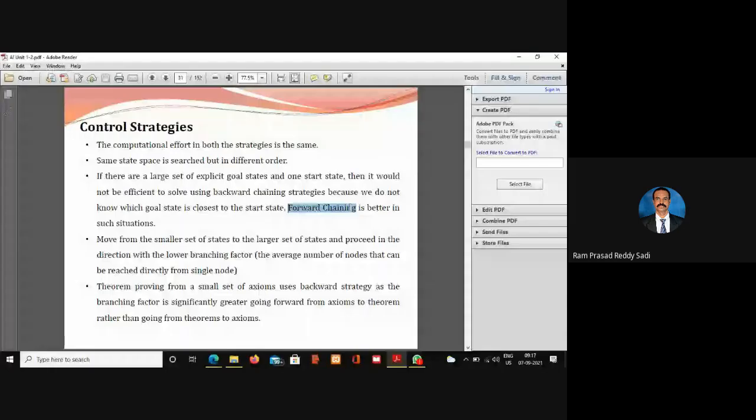The state space will be the same. The forward chaining process.